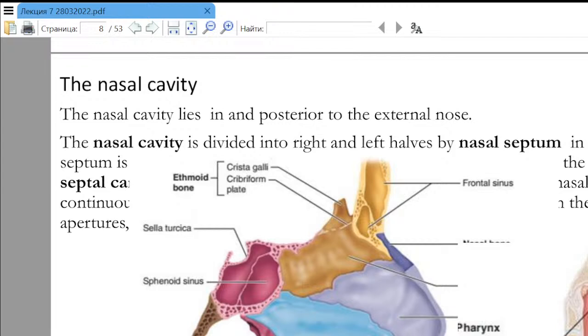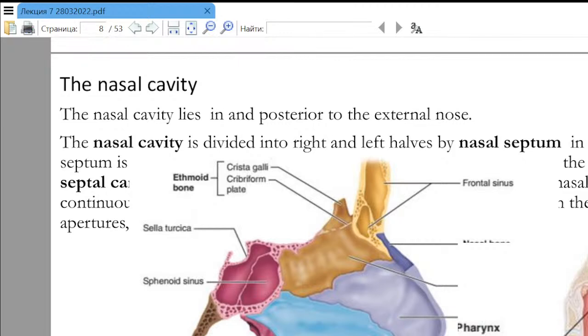The nasal cavity is divided into right and left halves by the nasal septum. You see the nasal septum in the midline. The septum includes the following parts. This is the lamina perpendicularis of the ethmoid bone.